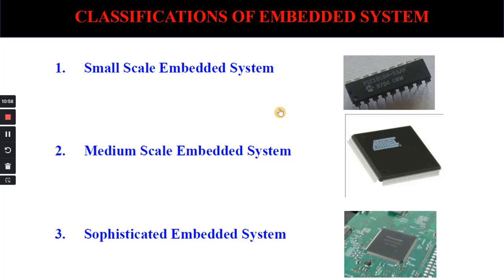Medium scale is a little more advanced than small scale, but a sophisticated embedded system is still more advanced than medium scale. That means doing complex operations like image processing, digital signal processing, designing RF wave communications, interfacing many devices like Bluetooth, RF, and FPGA boards. These all come under sophisticated embedded systems.